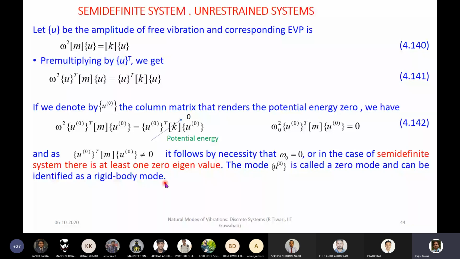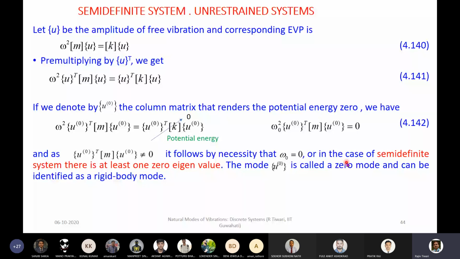Through one example, we'll see what the rigid body mode is. Basically, rigid body mode means all the particles are moving together with the same displacement. Even if they have flexibility in between, they act as a rigid body and move simultaneously in the same direction. So this is the condition we got, that one of the natural frequencies should be 0 for such a semi-definite system.